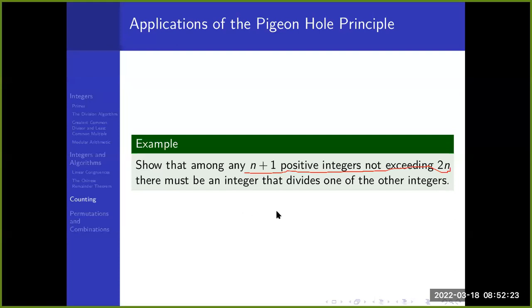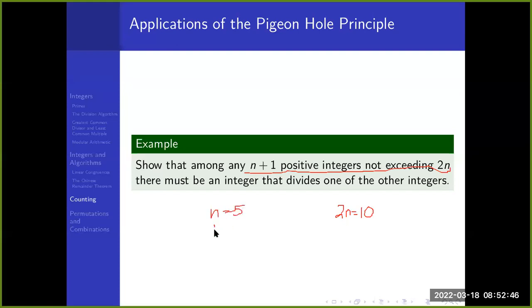Let's pick an example. If n is 5, so 2n will be 10. So if n is 5, what will 2n be equal to? 10. So we need n plus 1.